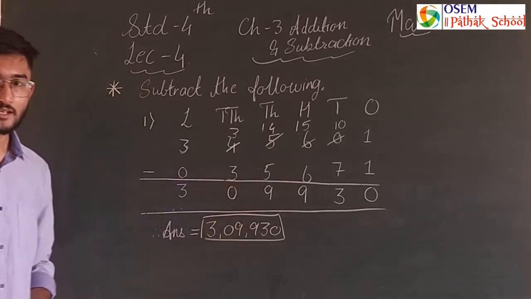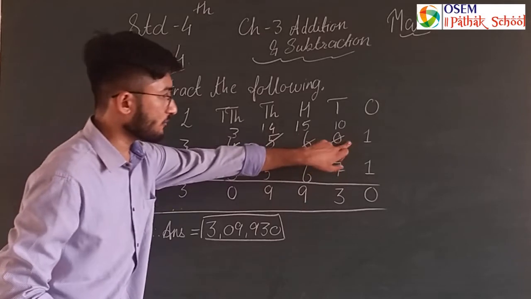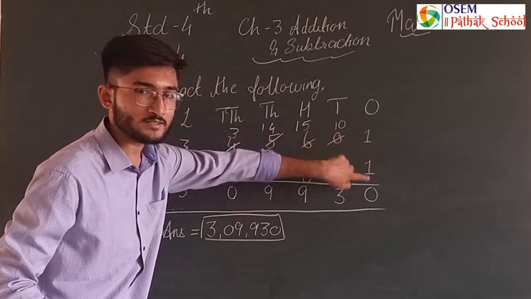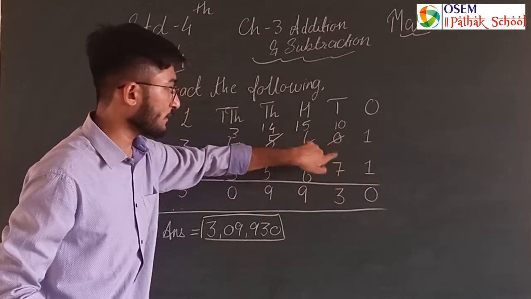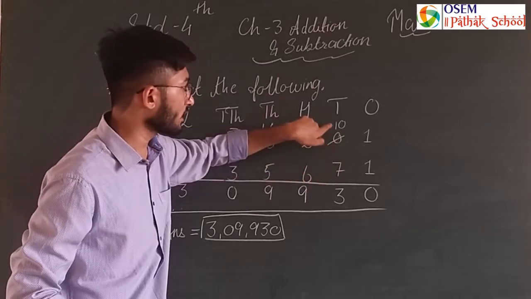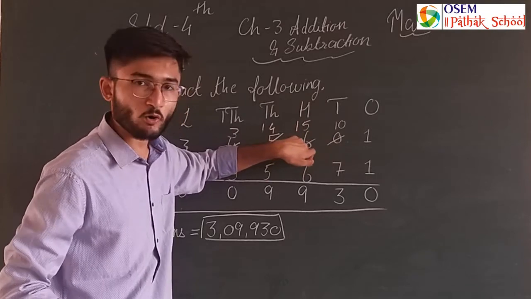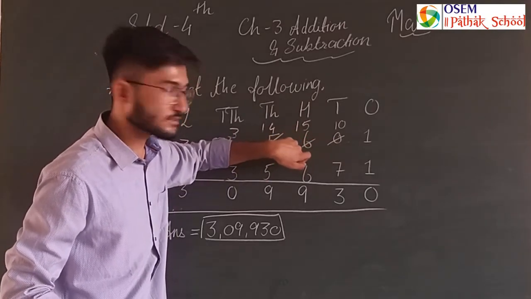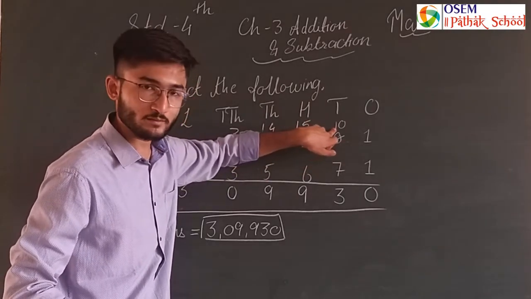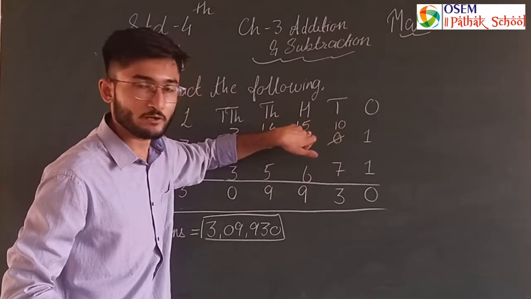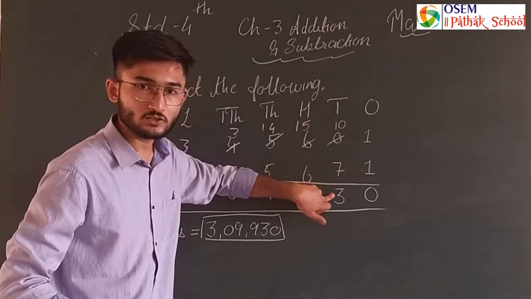Again I am going through the example, just focus on it. Here 1 minus 1 is 0. 0 minus 7 is not possible, so 0 becomes 10 and here 6 becomes 5. We are borrowing 1 from here, that's why 6 becomes 5. So 10 minus 7 is 3.